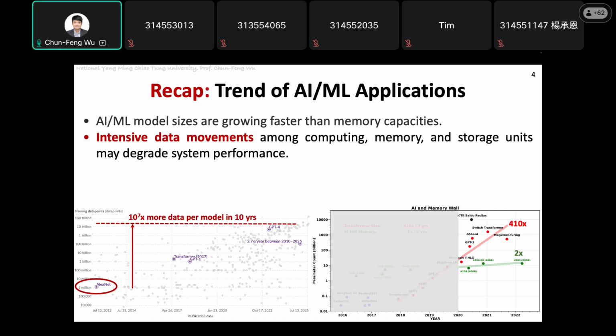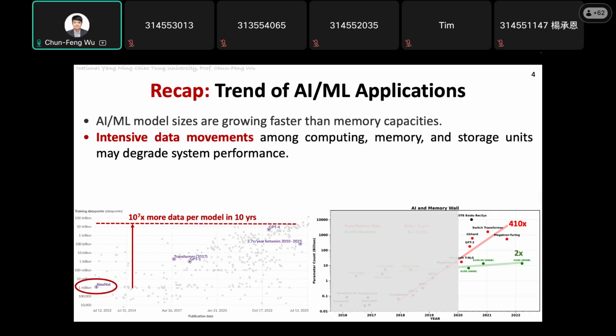So if you don't want to hurt your accuracy, a possible solution is to move your data from the GPU to the CPU's memory, let's say DRAM. And if this is also not sufficient to hold all the data set, then you can move the data or the model to the storage.